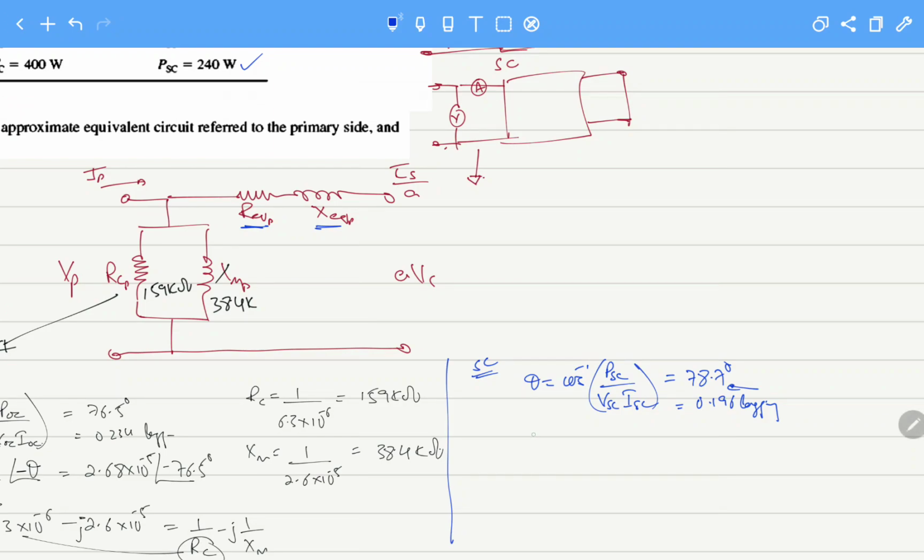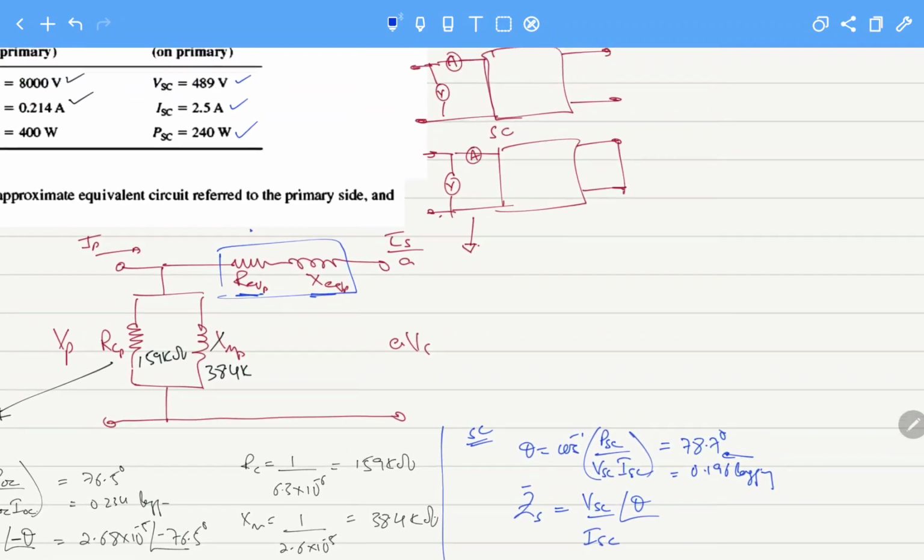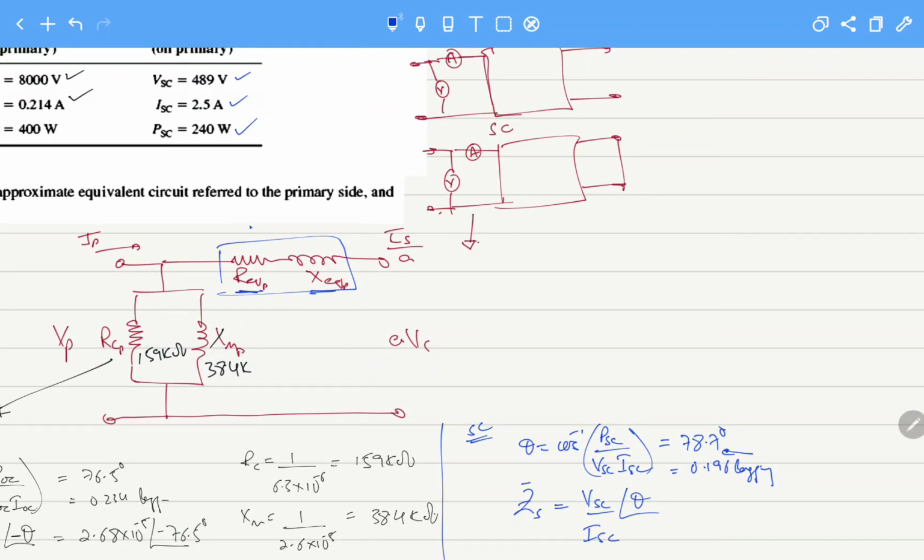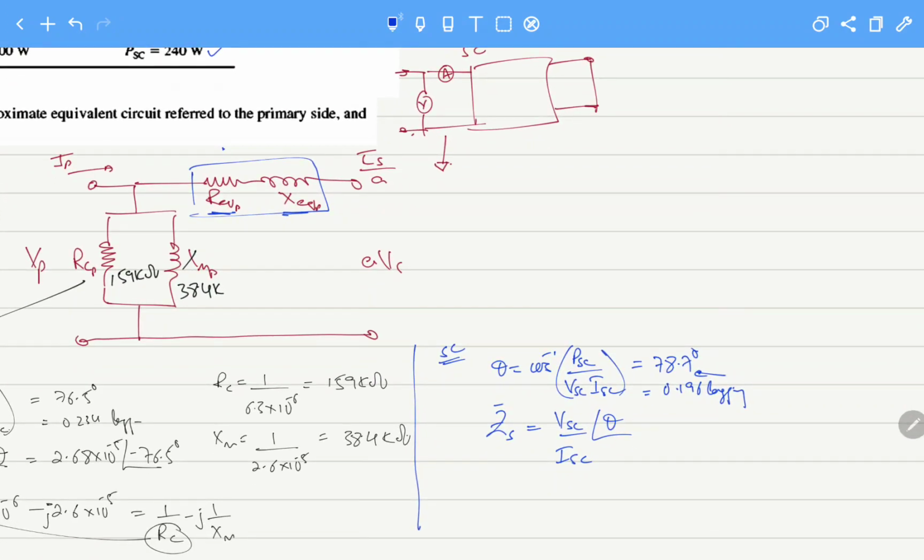Now to calculate the series impedance, the series impedance is equal to V short circuit over I short circuit, with the angle theta, and we have the values of V short circuit 489 and I short circuit 2.5 ampere.